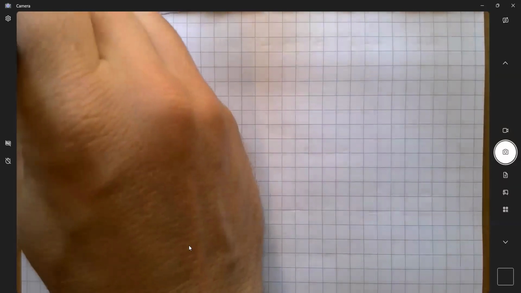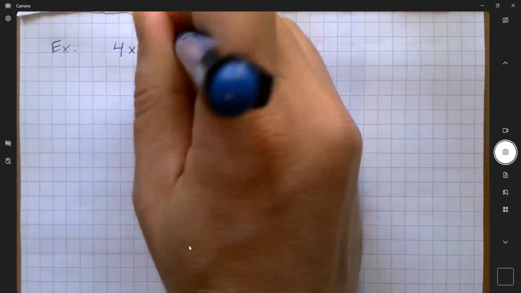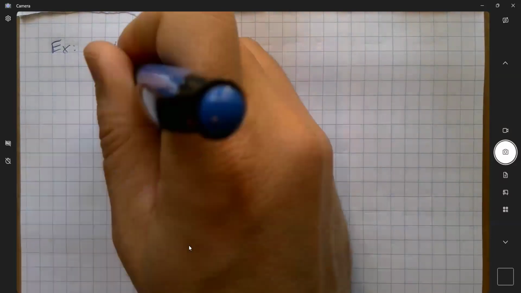All right, so one thing we talked about with the box method is what do you do if your leading coefficient is not equal to 1? So for example, what if I have 4x squared minus 49? Well, there's two ways to approach this.